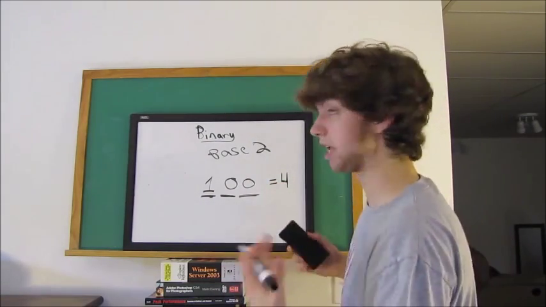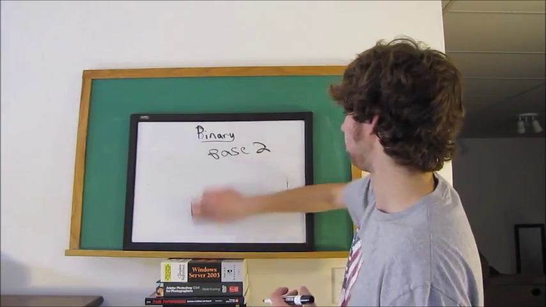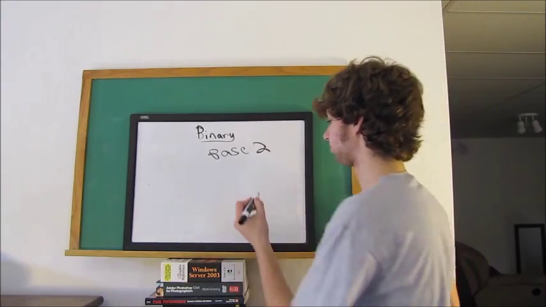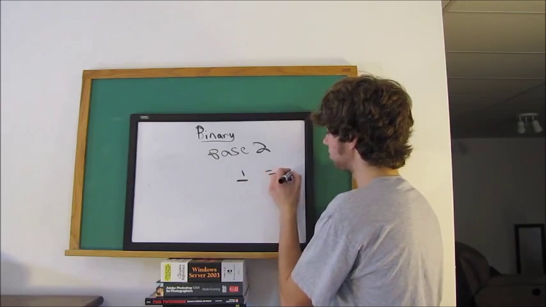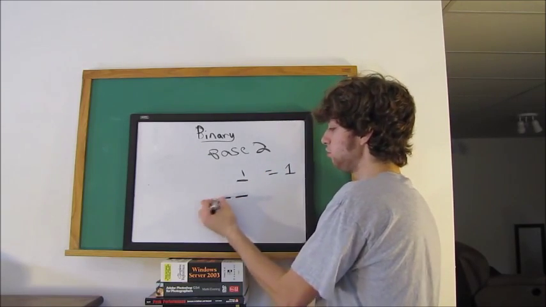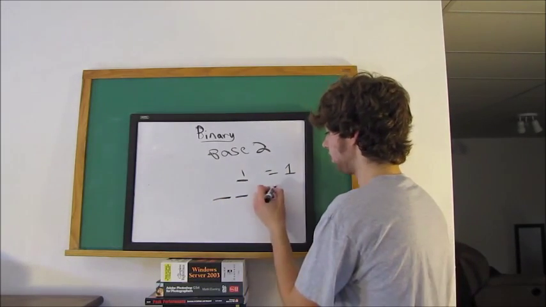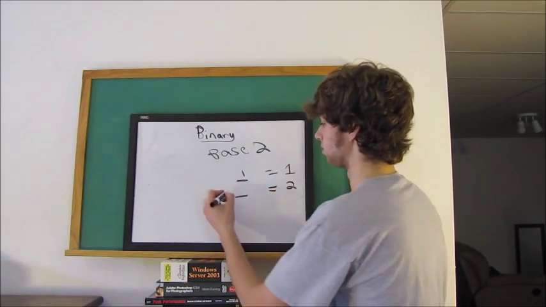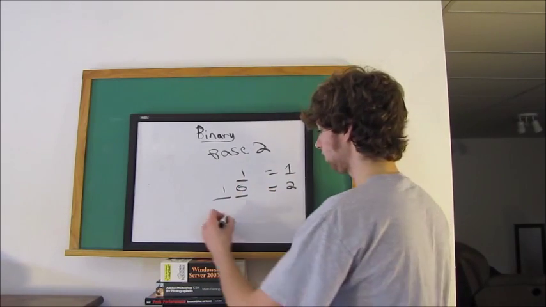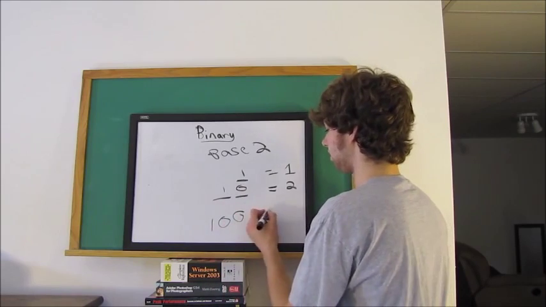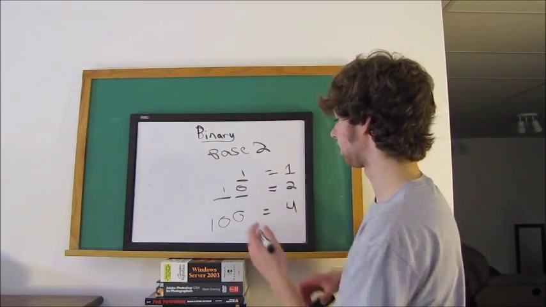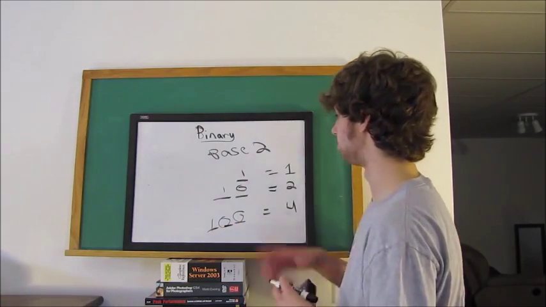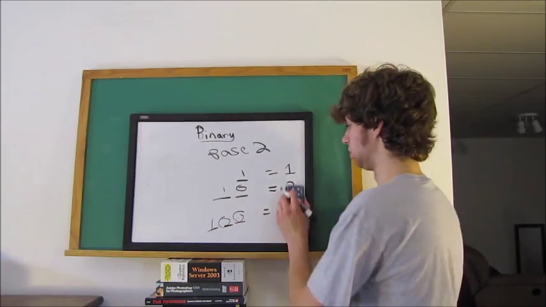So as you can see, when we have one place marker, and we can have up to 1, this is equal to 1. When we have 2 place markers, well, this can be equal to 2, because we get 1, 0. If we get 1, 0, 0, this is equal to 4. So as you can see, rather than multiplying by 10 each time, we multiply by 2.